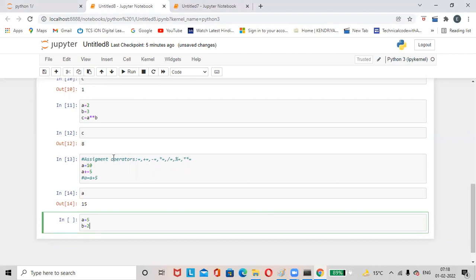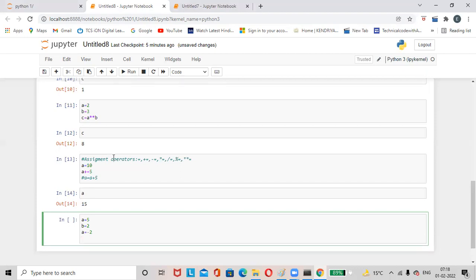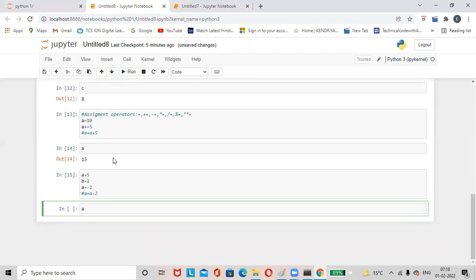A equals 5, B equals 2. Okay. A minus equals 2. What does it mean? A equals A minus 2. So what is the value of A now? 5 minus 2, 3.